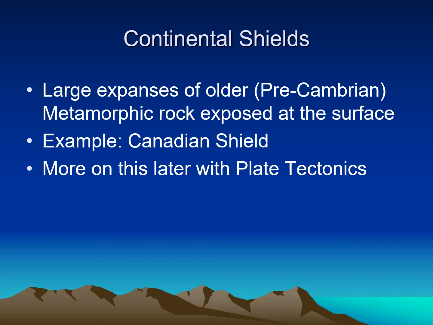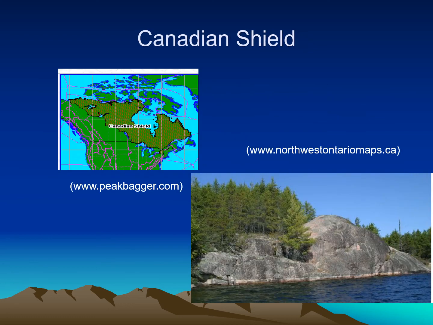I will ask you on your second exam to give me an example of where we find this older Precambrian basement rock exposed at the surface, and the answer is Canadian Shield, or you can just say Canada. On the left there is a map of, and it's not all of Canada, it's basically the eastern half, almost 2/3 of Canada is where you're going to likely find places where you have this old basement rock exposed.